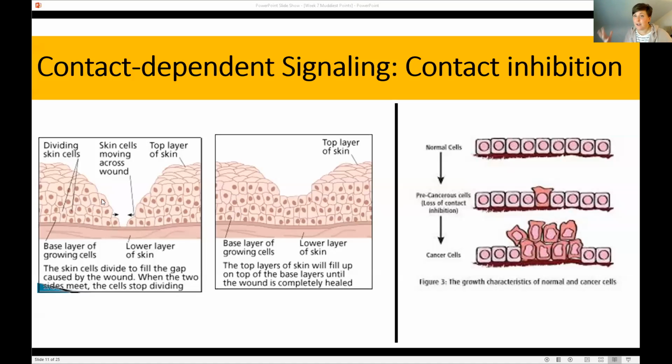So again, that can happen with skin. For example, if you get a wound, deep cut, cells are growing in this way, cells are growing in this way, they should stop when they contact each other. But if they don't, and they grow and grow and grow until you have a mass of cells, that's technically a tumor. This is what we call contact inhibition.